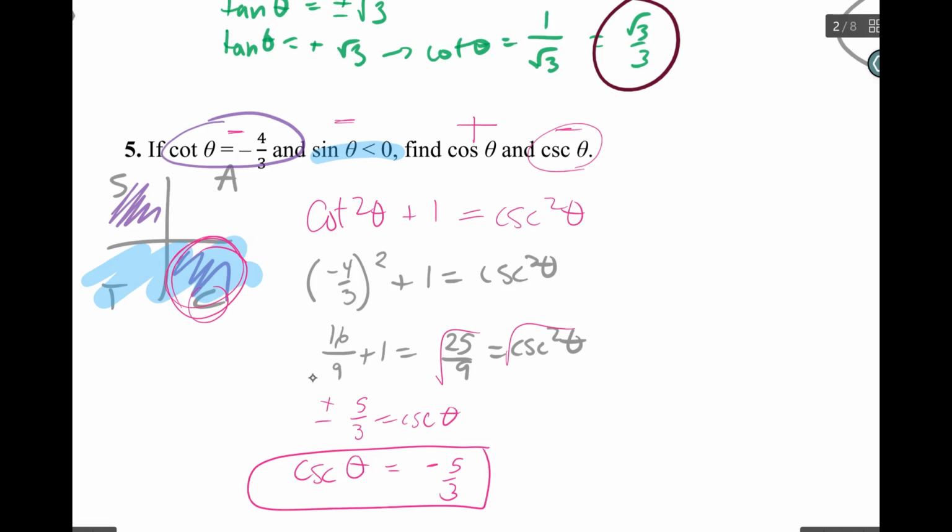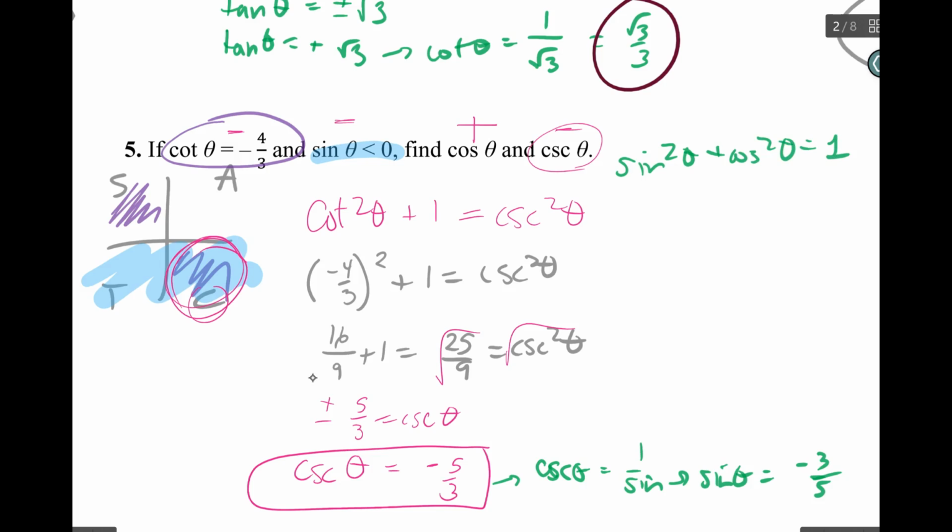Alright, now we need to find cosine. So if cosecant is negative 5/3, keep in mind, cosecant is just 1 over sine. So here we can figure out that sine of theta is going to be the reciprocal, so it's going to be negative 3/5. Now that we have that, we can easily find cosine. Because you know, sine squared theta plus cosine squared theta is equal to 1.